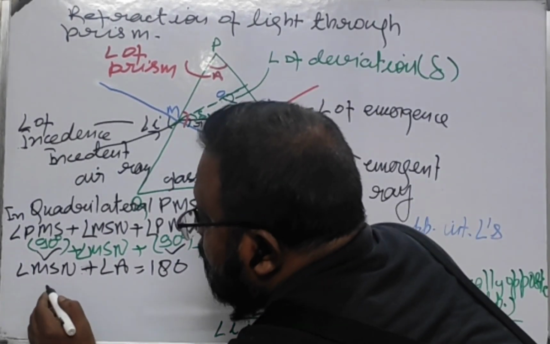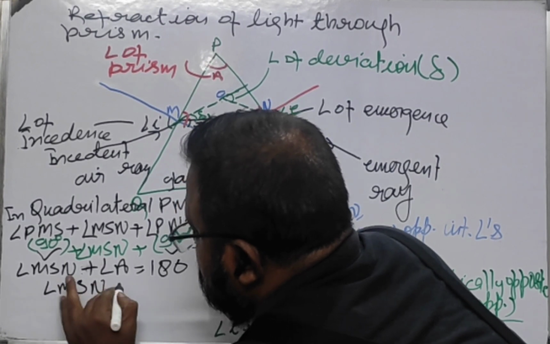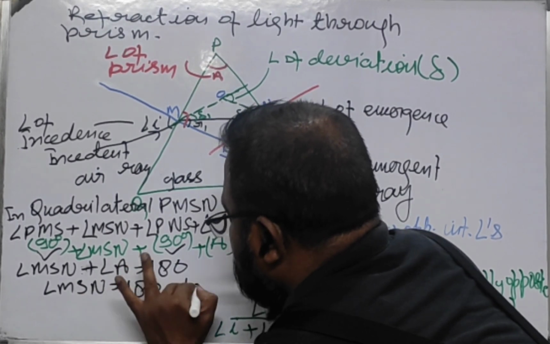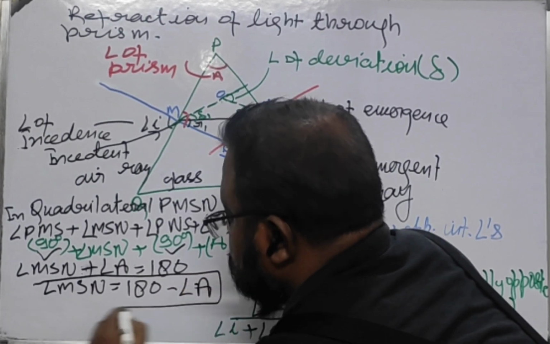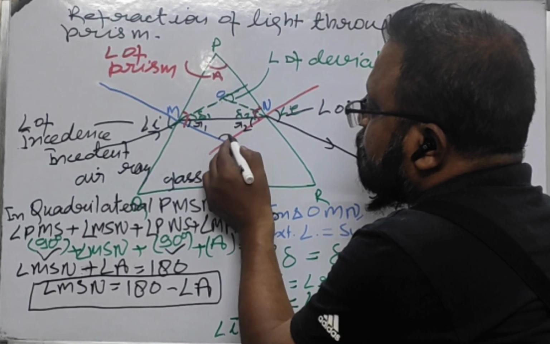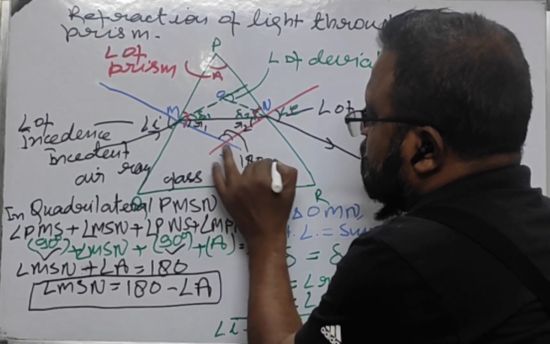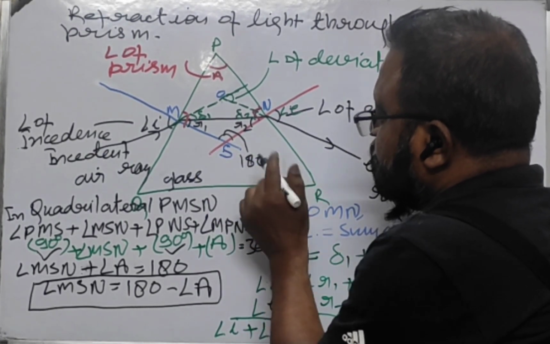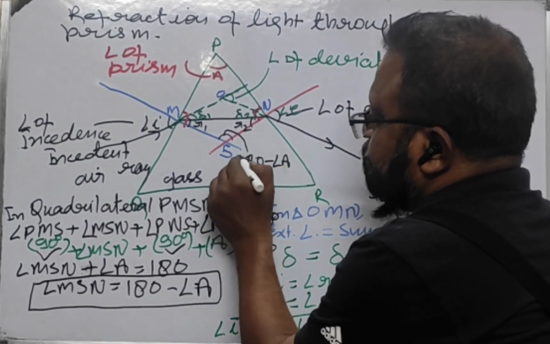So angle MSN is equal to 180 minus angle A, right? So it means this angle is 180 minus angle A. Getting?